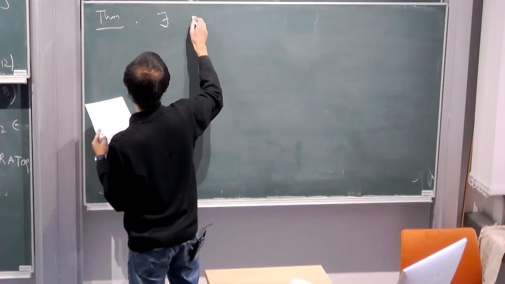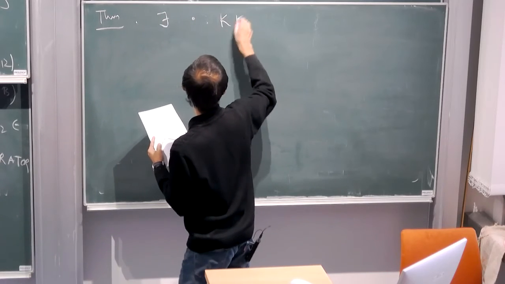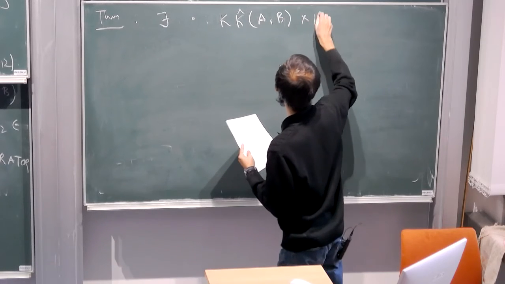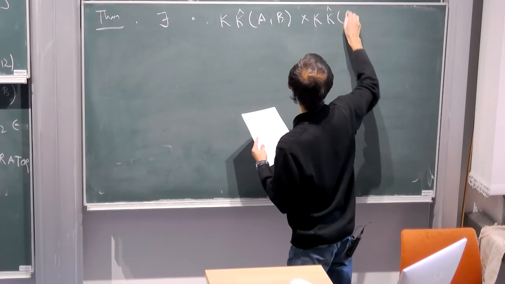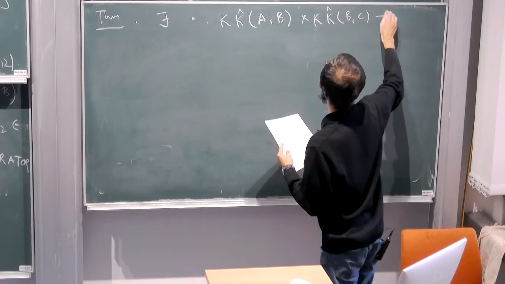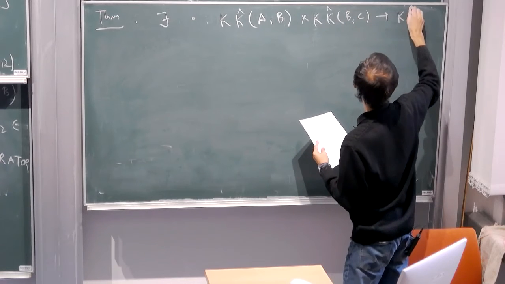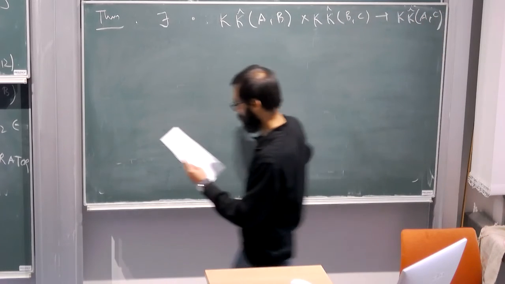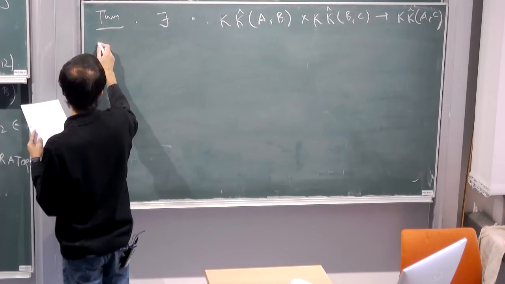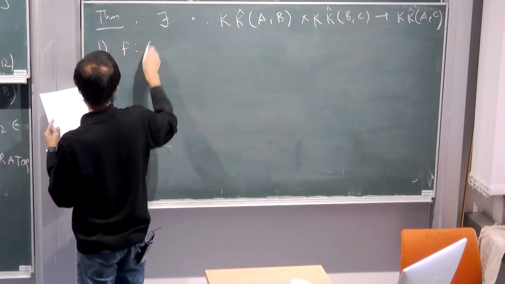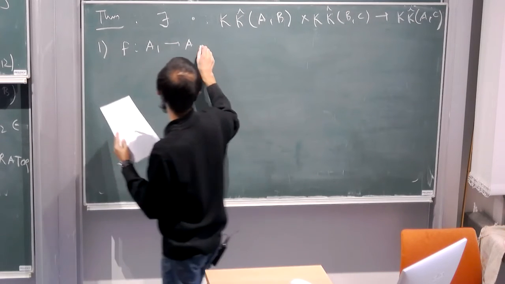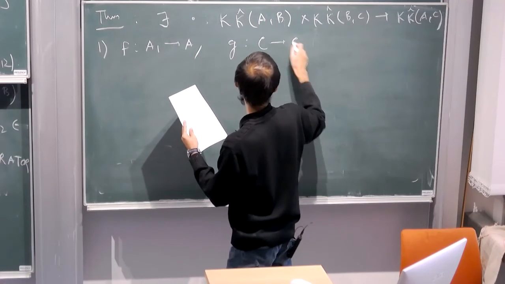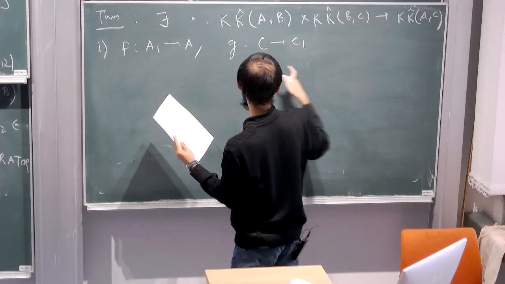There exists a product from KK(A1, B) times KK(B, C)... this is bilinear in both variables, such that one, if you have F and G from C2, these are graded homomorphisms.